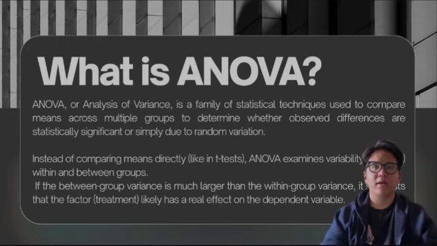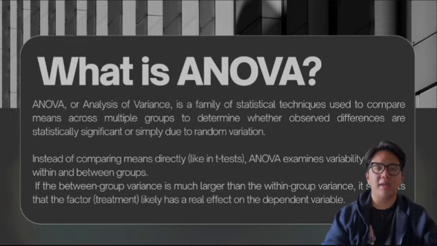What is ANOVA? ANOVA stands for Analysis of Variance. It's a family of statistical techniques used to compare means across multiple groups and determine whether the observed differences are statistically significant or just due to random variation.